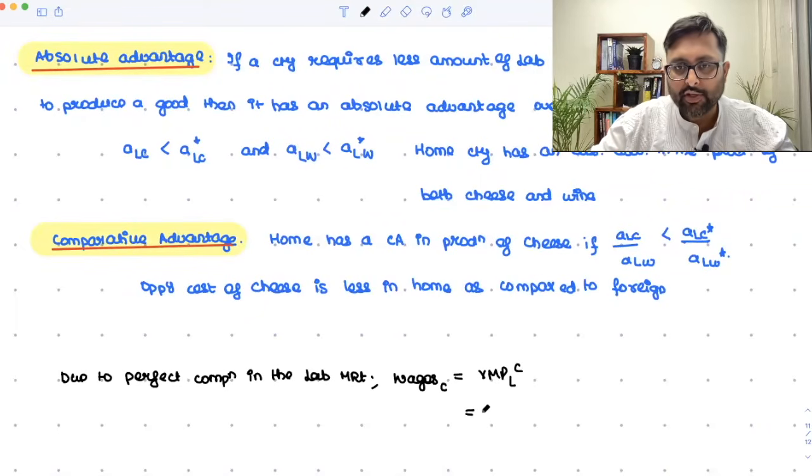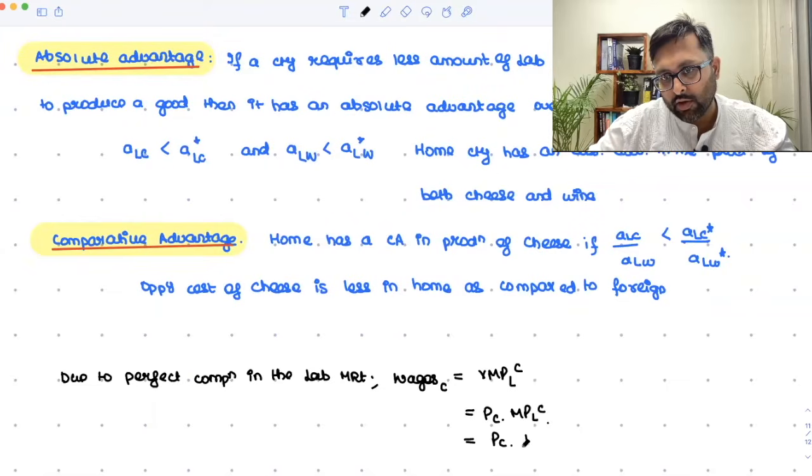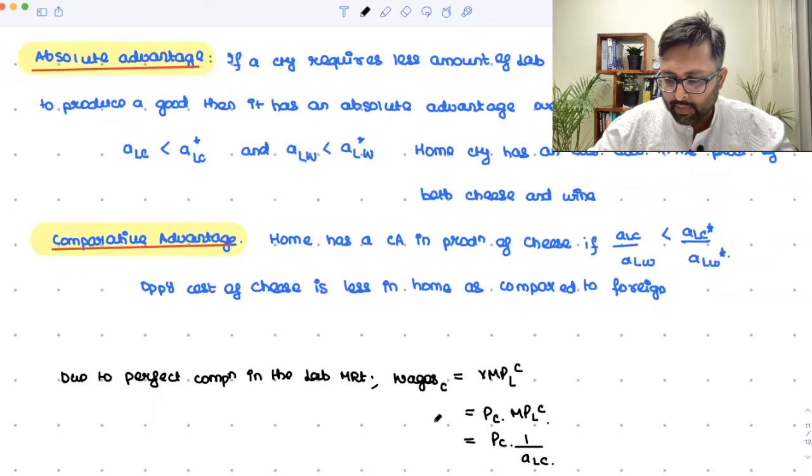So what is the value of marginal product of labor? Price of cheese into MPLC. But MPLC is what? 1 upon ALC, right?